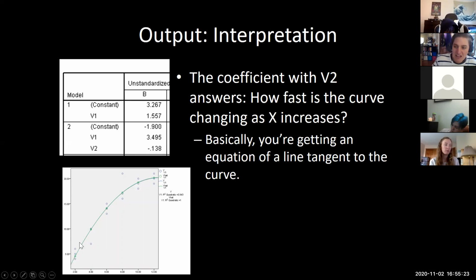So I've plotted it here using the equation. I made this plot of the line of best fit. And what this interaction variable here represents is how fast the curve is changing, basically.